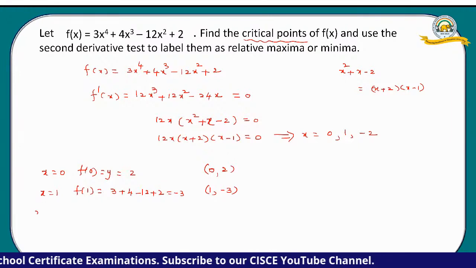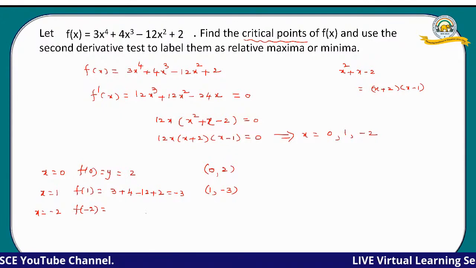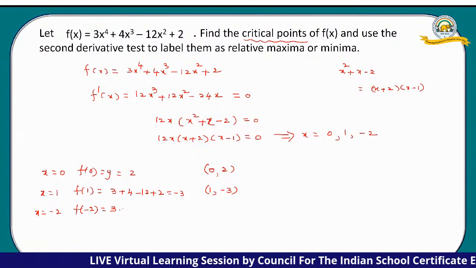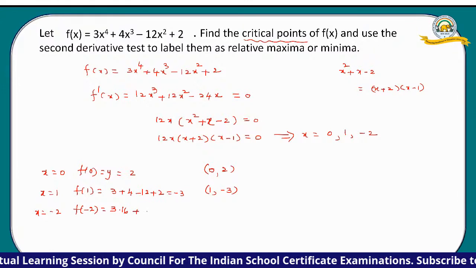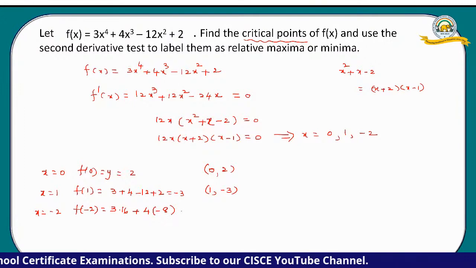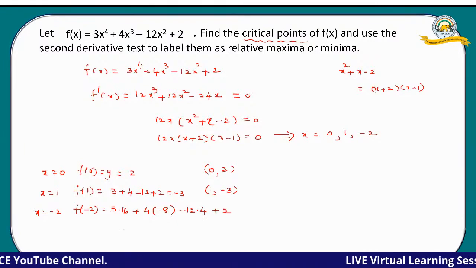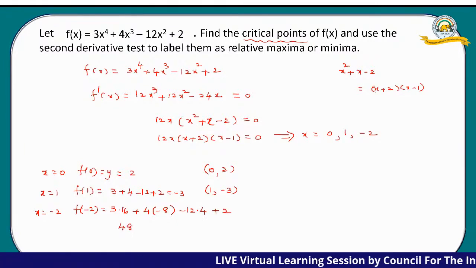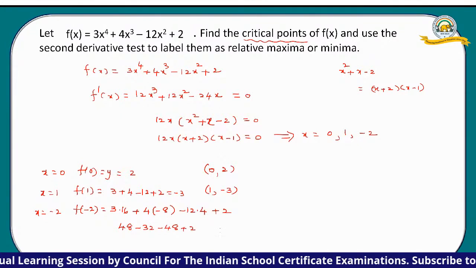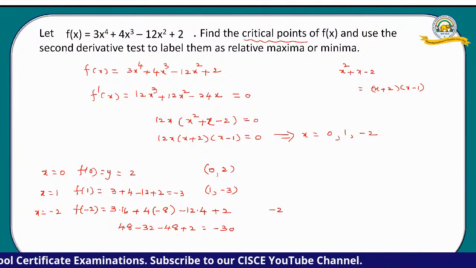At x equal to minus 2, f of minus 2 is equal to 3 into minus 2 to the power of 4, that is 48, plus 4 into minus 2 cubed, that is minus 32, minus 12 into minus 2 squared, that is minus 48, plus 2. So you get minus 30. The other point is minus 2, minus 30.